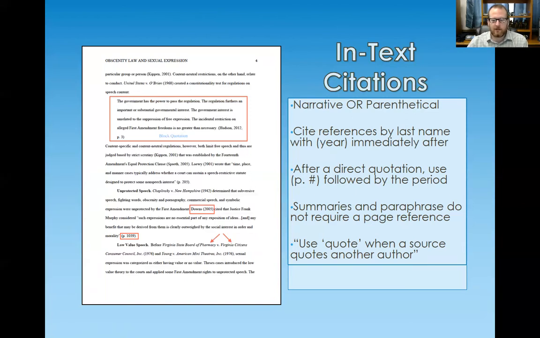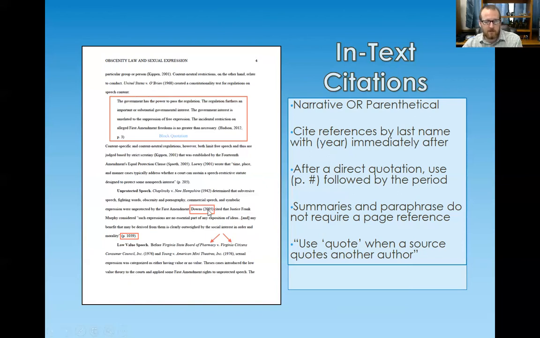If you're doing summaries, that's going to be a better way to do it as well. What you'll notice is after a narrative citation, you're going to have the date directly behind the author's name or the court case's name, depending on what type of citation it is, and it's going to have the date in parentheses directly behind that, okay? So that's important to note.